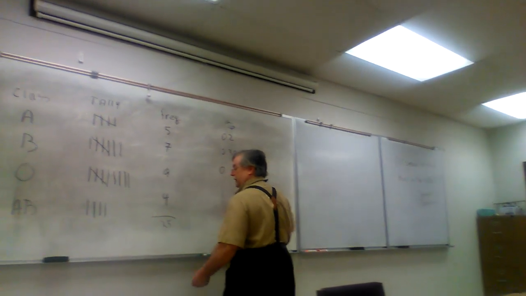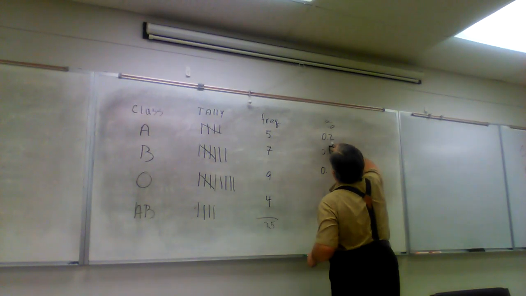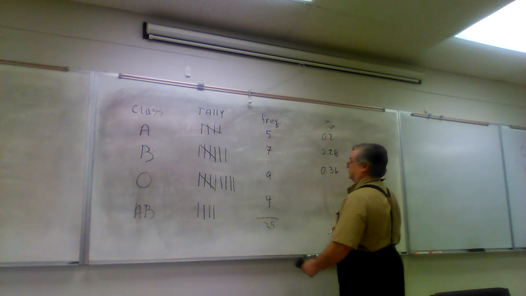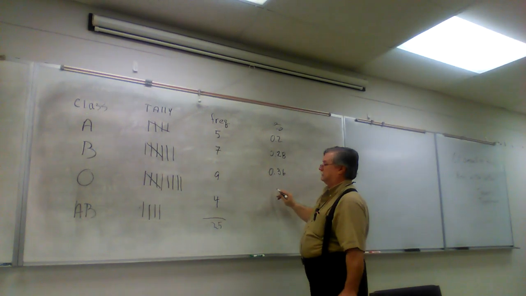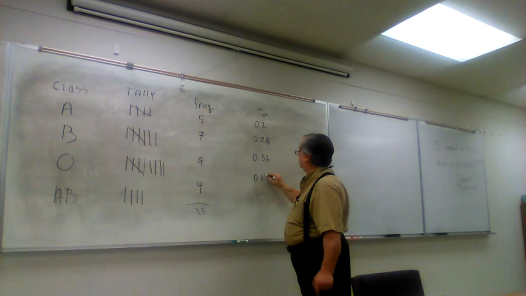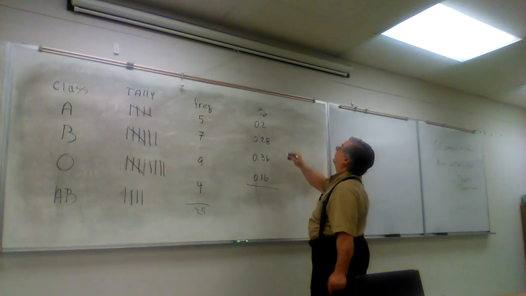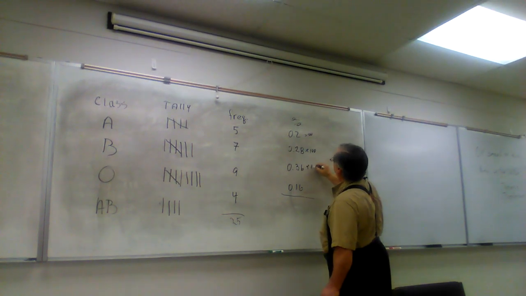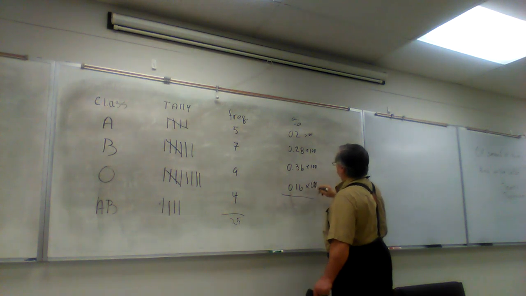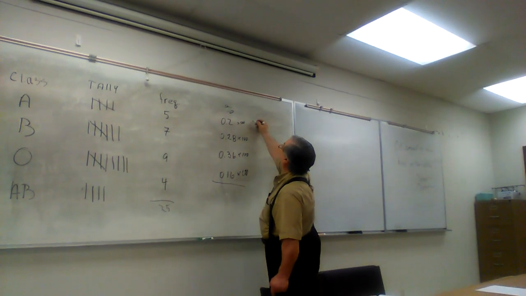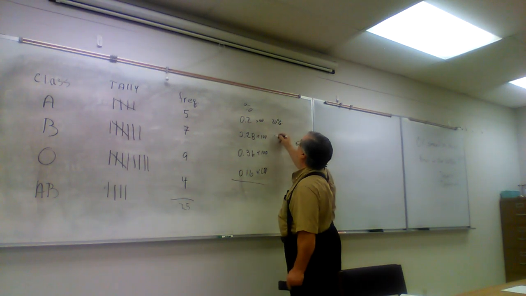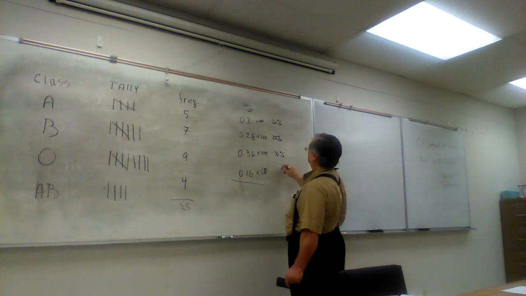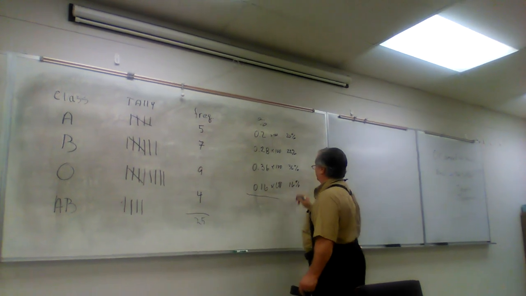Okay, one of you lied to me. This should be 0.28. So this is 0.36, and 4 divided by 25 is 0.16. Now, we multiply these by 100. So we agree with the book, and this becomes 20%, 28%, 36%, and 16%.